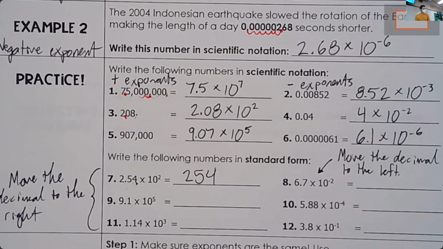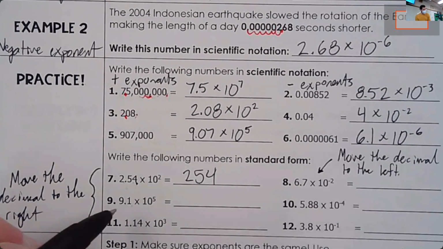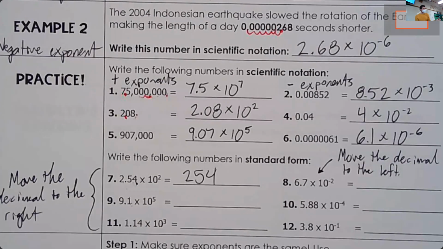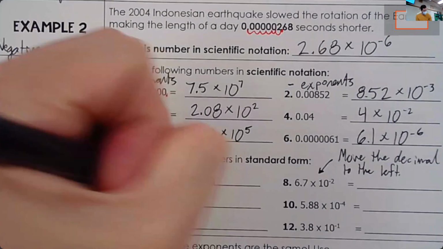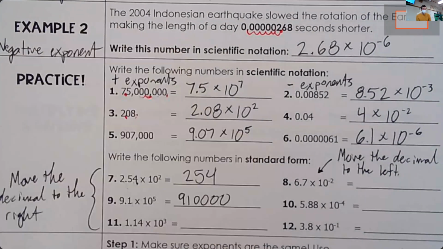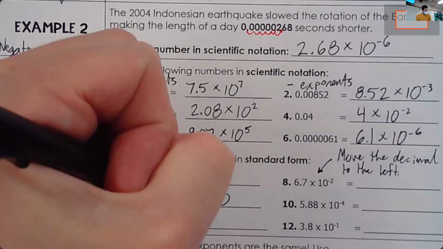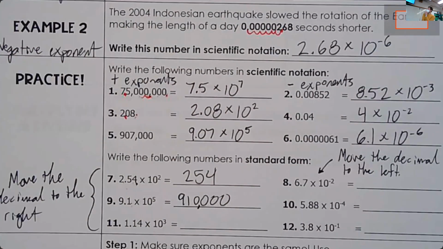Fill in with zeros, yeah. So there's going to be how many zeros? 4 zeros, exactly. So it's going to be 9, 1, and then 0, 0, 0, 0, 4 zeros. And let's go ahead and put the comma in there just so we can see this a little bit easier. That's 910,000.